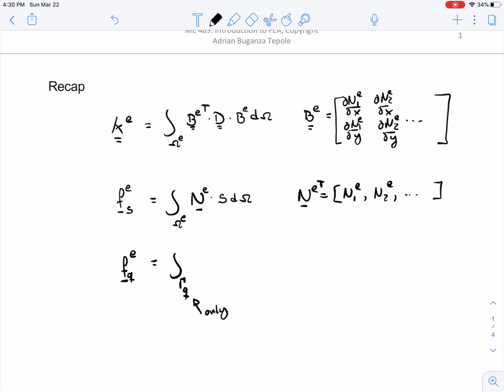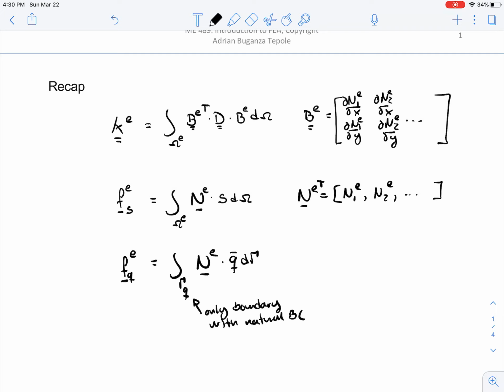So only boundary with natural boundary conditions, and then we integrate the vector of the shape functions times the value of the flux over that part of the boundary.